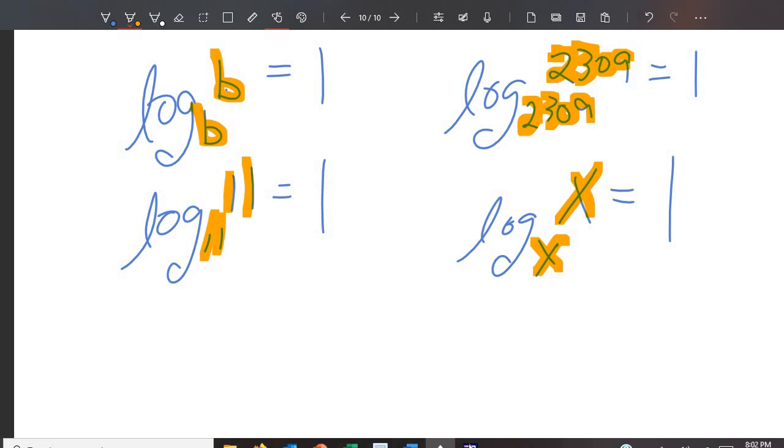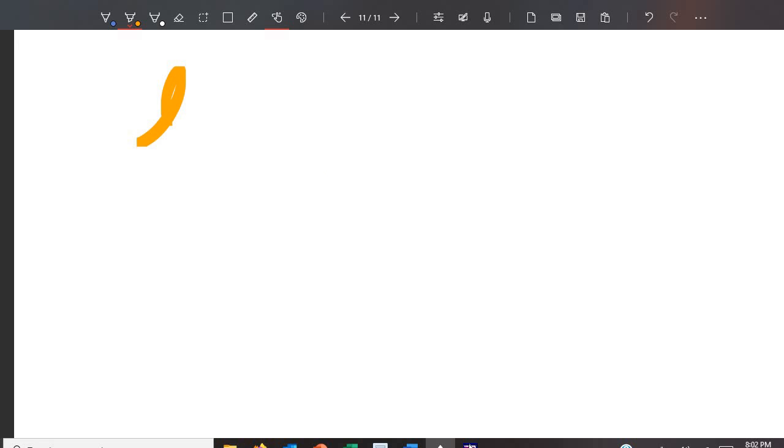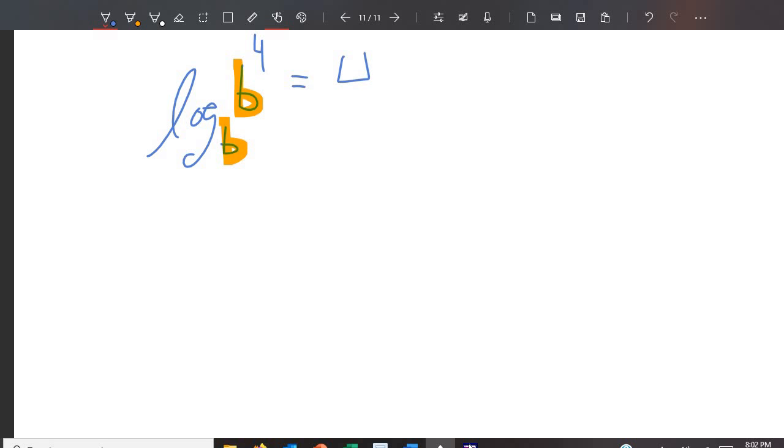Now, there's another property or rule that goes with this, and it's got to do with exponents. Let's say I have this. If these two numbers match, and you've got an exponent, the answer is just the exponent.